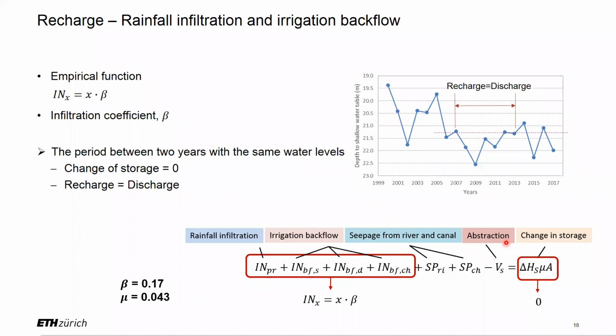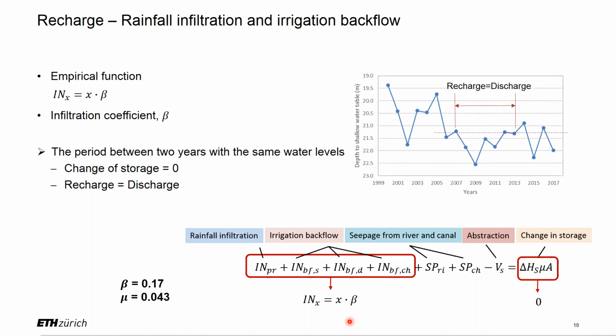We have already got the estimation of abstraction from electricity. We also calculate seepage from the empirical function. And we know the annual rainfall and annual irrigation water. The only unknown in this equation is the infiltration coefficient beta.